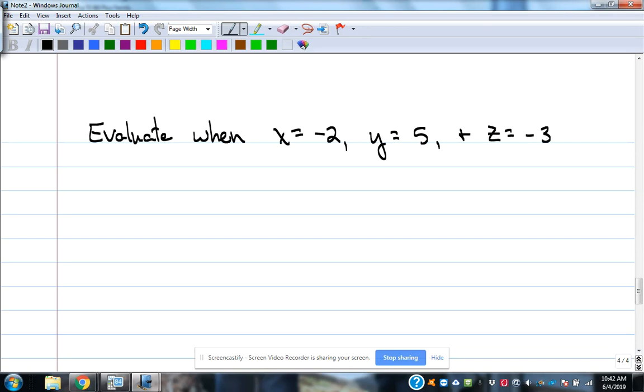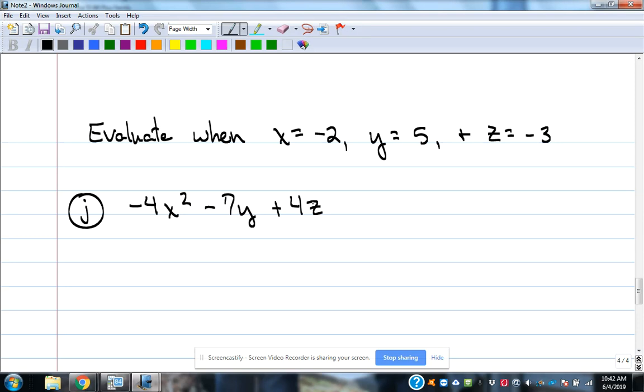So they're telling us what the variables are equal to, and they're going to give us an expression to evaluate. So like maybe -4x squared minus 7y plus 4z is the expression that they give us to work out here.